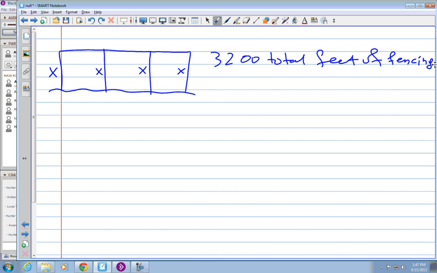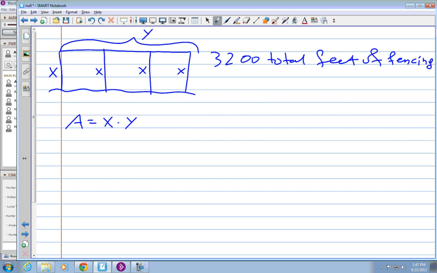So find the value of x so we have the maximum area enclosed. So we were working through the problem to find the area. We just said, okay, well, let this side be y. And we said, all right, well, the area equals x times y, right? And we want to maximize that area.